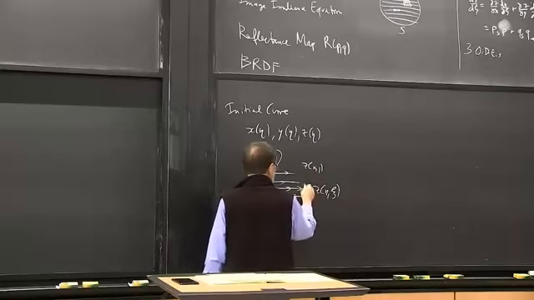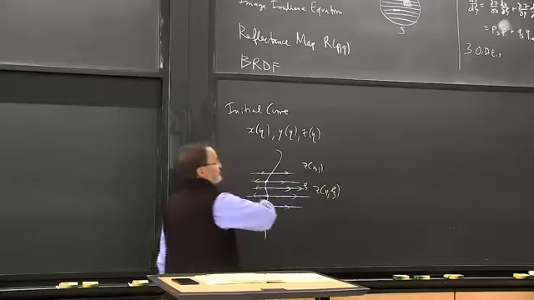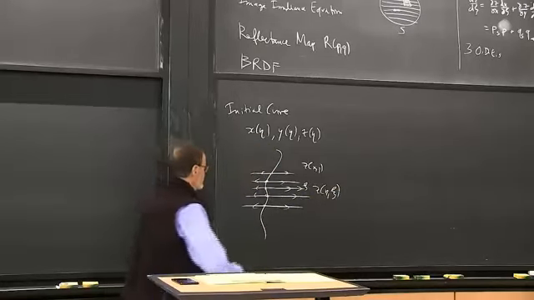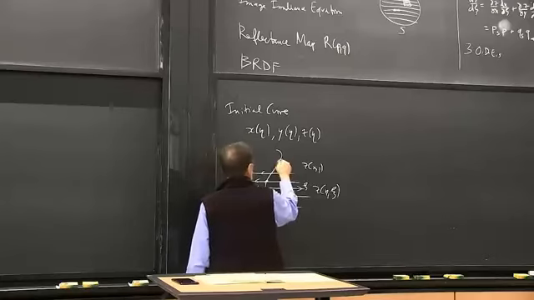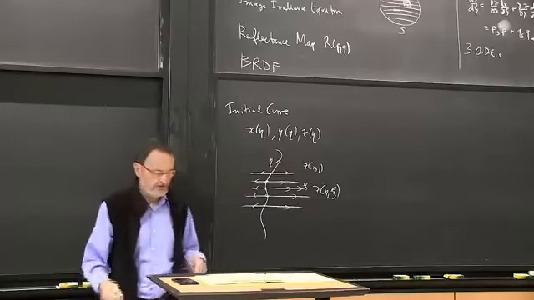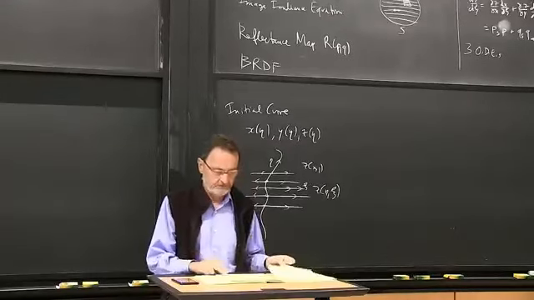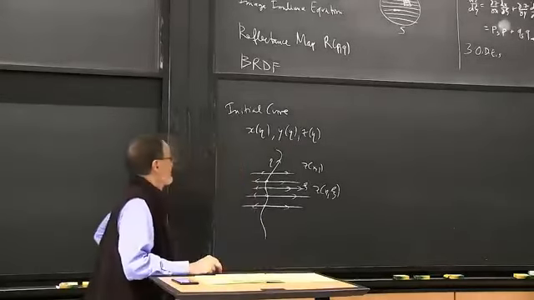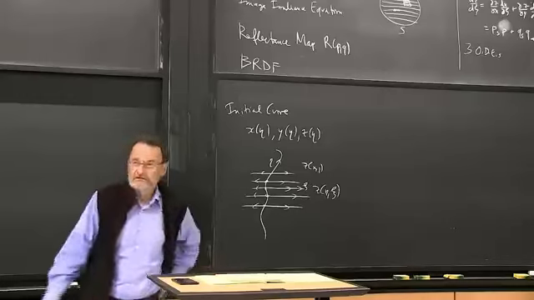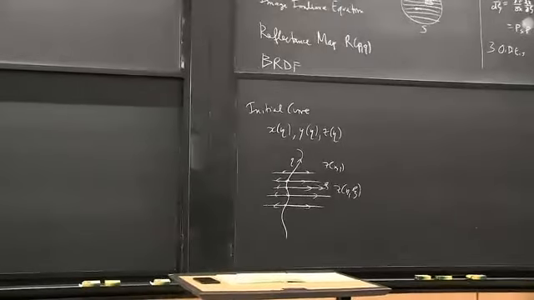Because the way we've parameterized it is one parameter goes along the initial curve, the other parameter goes along the curves we integrate out. So it's a surface in 3D, and it takes two parameters to parameterize that.